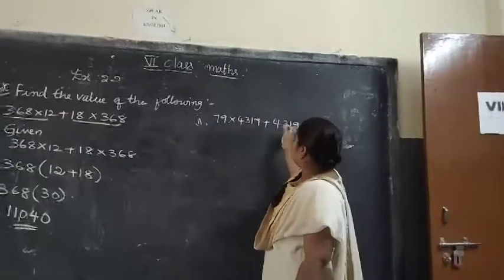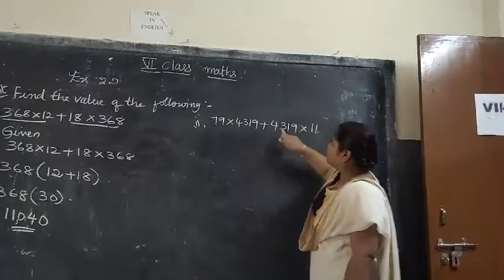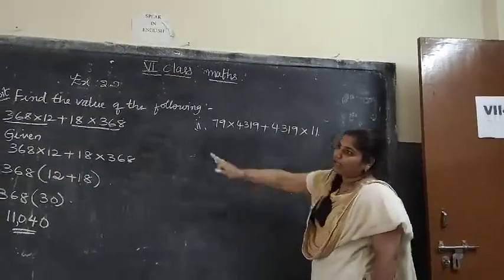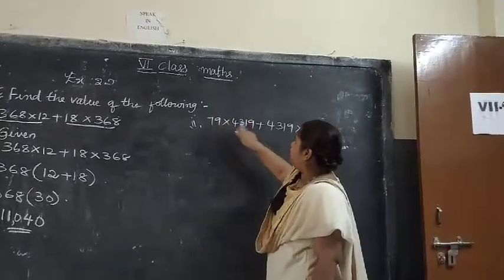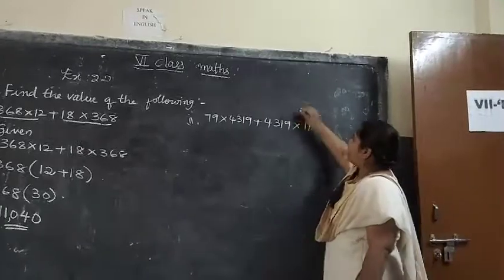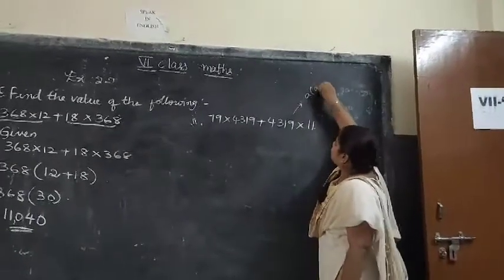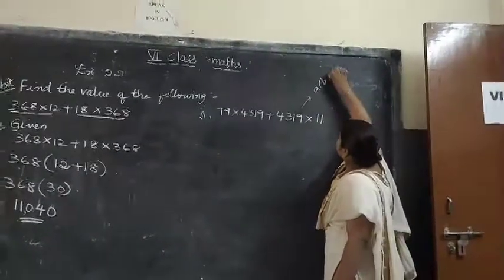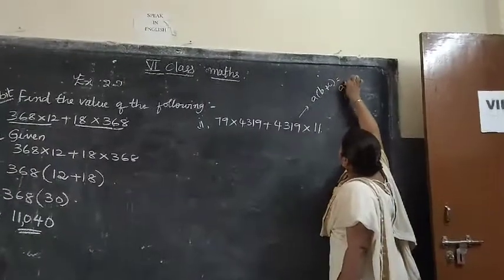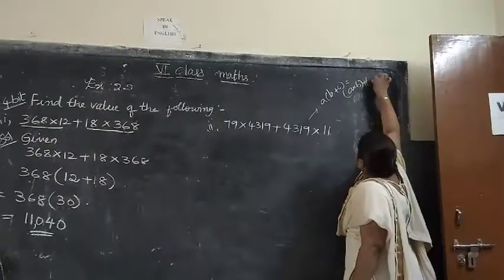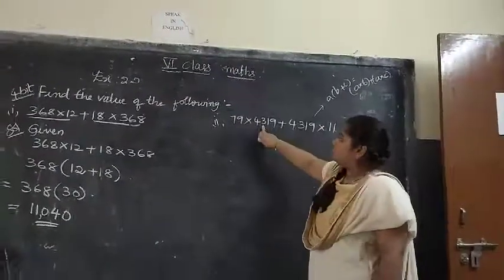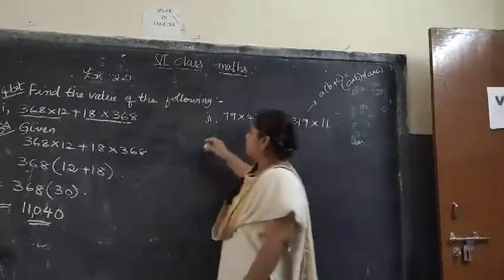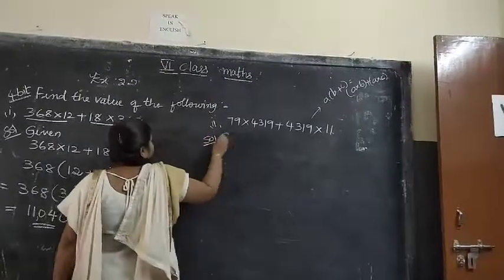So which number you have to take out common? 4,319 you have to take it as common, because this is in the form of A into B plus A into C. Again this is in the form of distributive property, equal to A into B plus A into C. So which number you will take out common? 4,319 you will take it as common.